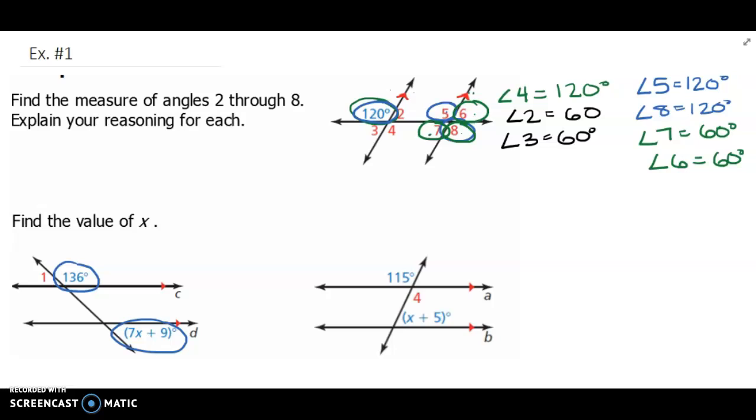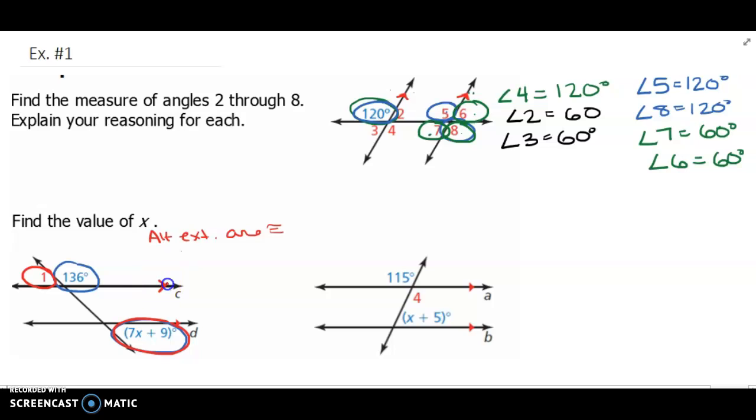But what we do have is an alternate exterior angle theorem. The alternate exterior angle theorem tells us that alternate exterior angles, if lines are parallel, are congruent, right?